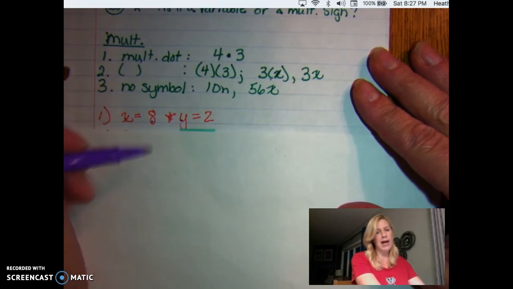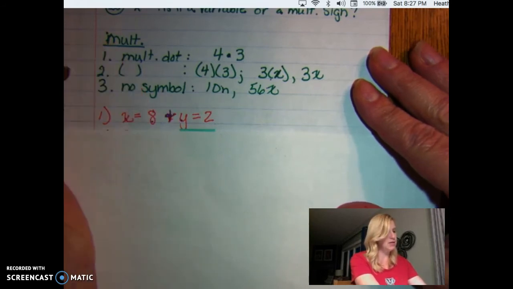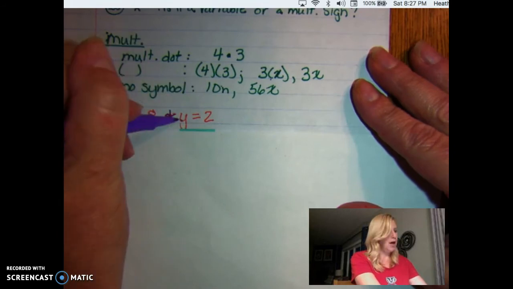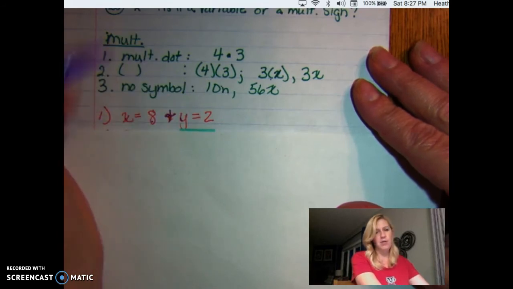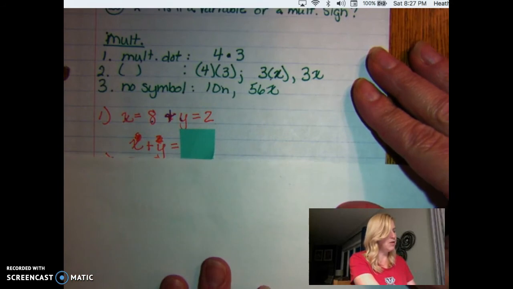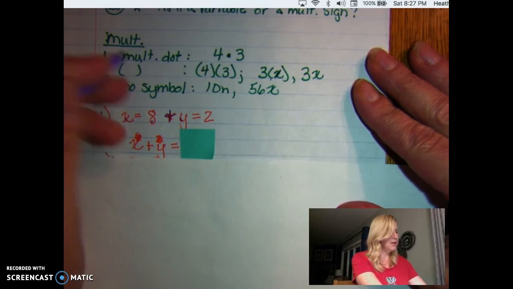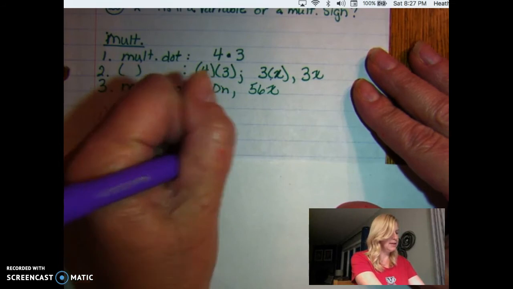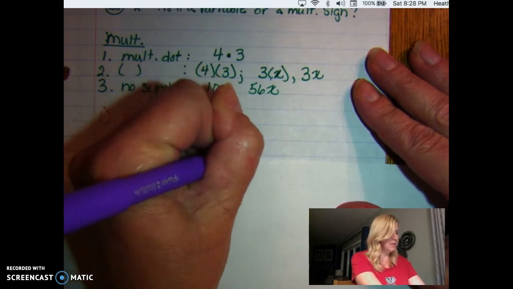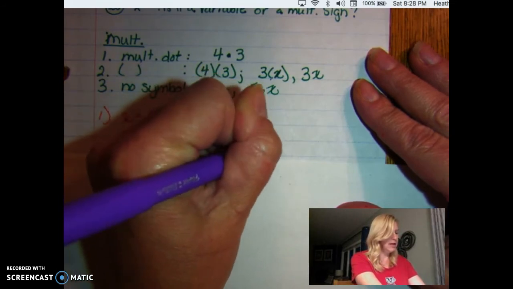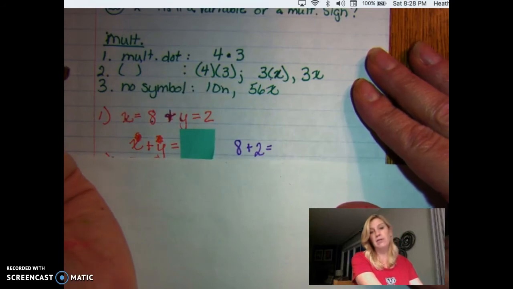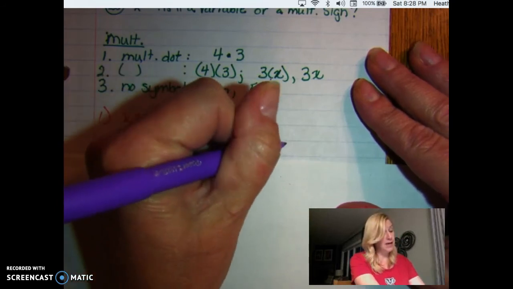Everywhere we see a y, this is a y, by the way, it just didn't turn out very well, sorry. Y is going to equal 2. So I want you to evaluate what is x plus y if they equal these two amounts. Well, what I'd like you to do is simply write 8 plus 2 equals, and then solve it. I hope you know that that is 10.